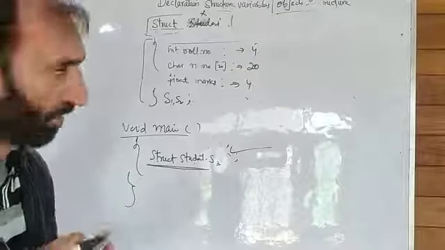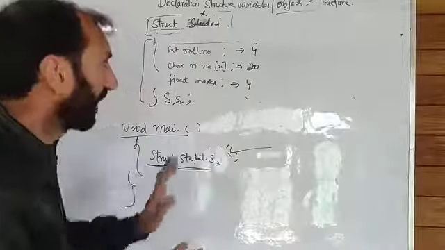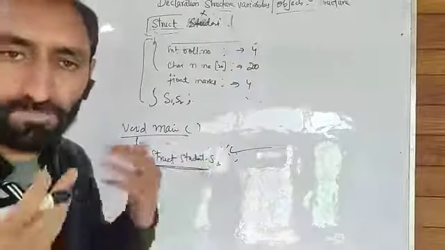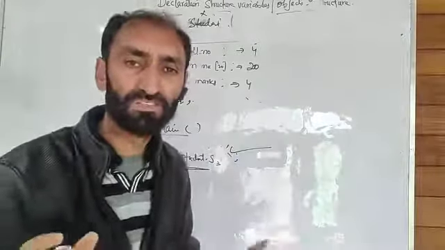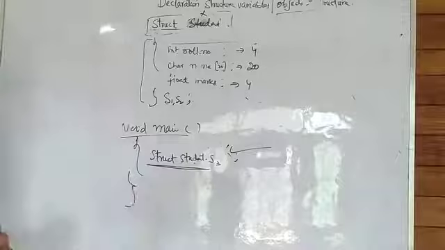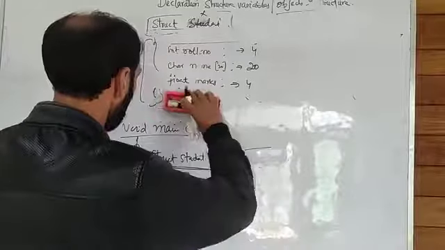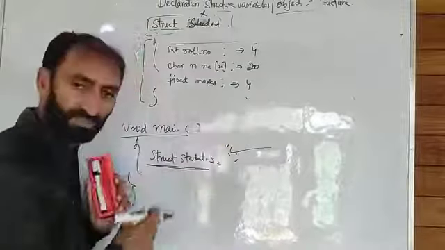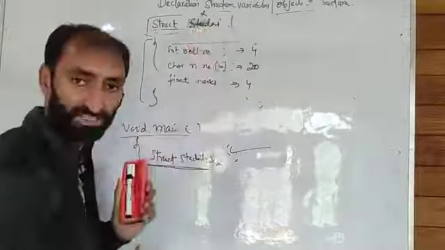I hope now you have understood how to declare the structure variables, or you can say objects of the structure. For example, here I want to declare 60 objects of this structure.